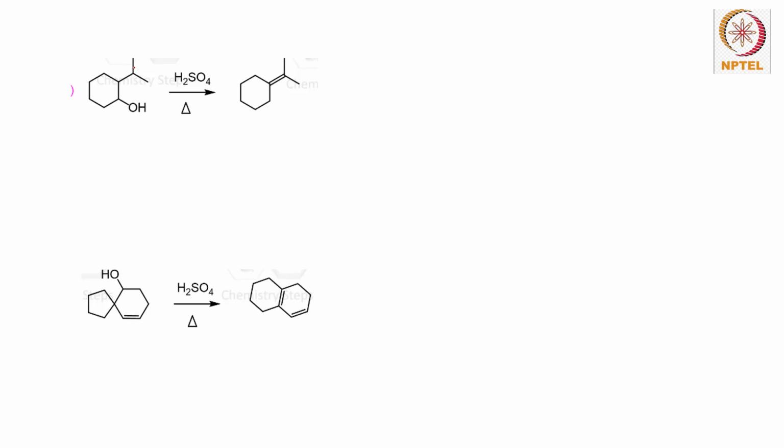So as A has 8 alpha hydrogens, it is more stable. Among these two, as the oxygen lone pair donating probability is greater than that of this pi bond, C is more stable than B. So the stability order will be A, C, B. Okay.